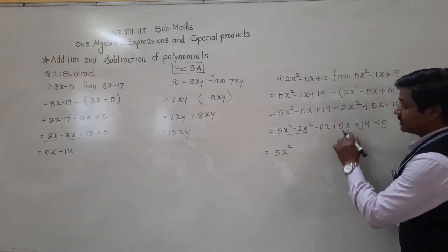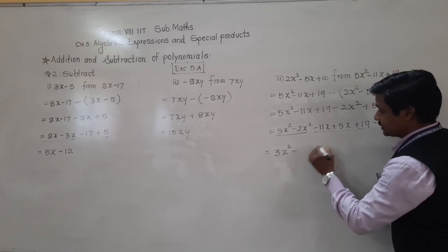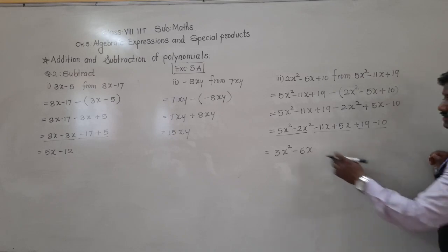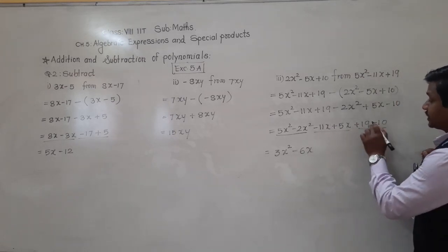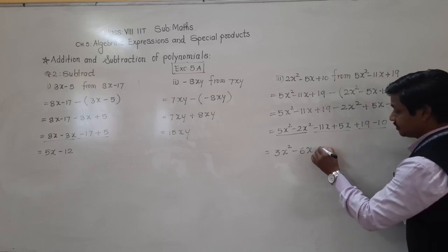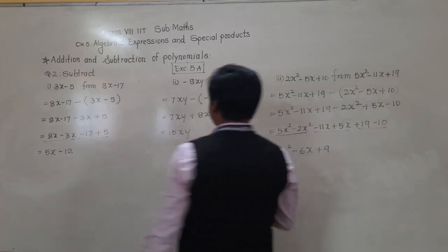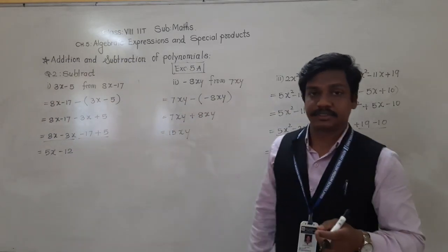Okay? Minus 11x plus 5x, minus 6x. Understood why minus 6x? Because 11 is greater and it has a negative sign. So plus 19 minus 10, plus 9. 19 minus 10, 9. Okay. So in this way we have to do the subtraction of the polynomials or algebraic expressions.